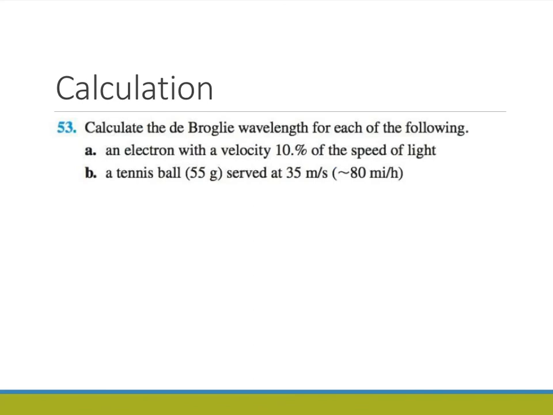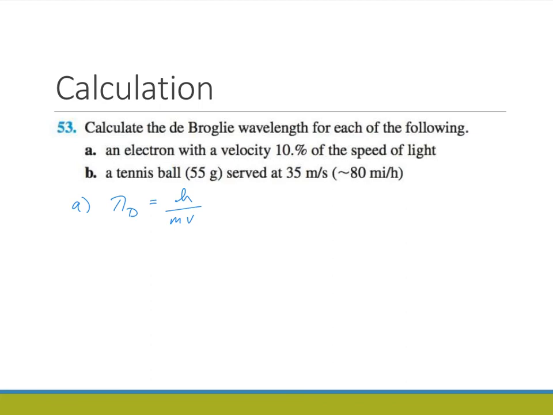So let's calculate the de Broglie wavelength for the following. An electron with a velocity of 10% of the speed of light and a tennis ball served at 35 meters per second. So let's tackle part A. The de Broglie wavelength, and I'm just going to write capital D, is equal to h over m times v. Well, the velocity here is 10% of the speed of light.